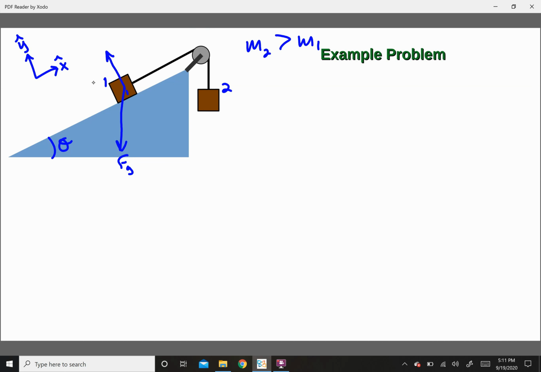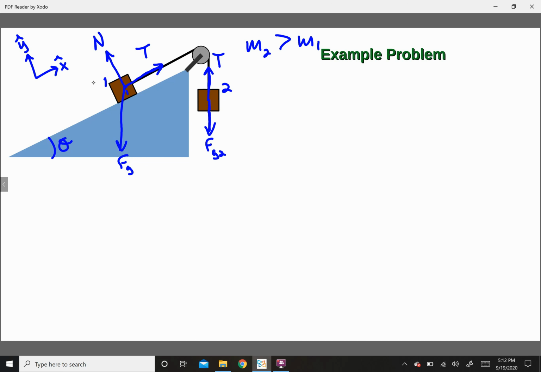So then we have the normal force pointing out from the ground, and we have tension running along the rope, T. And on block 2, we have tension pulling back up, and we have Fg of block 2 pointing down. Okay?